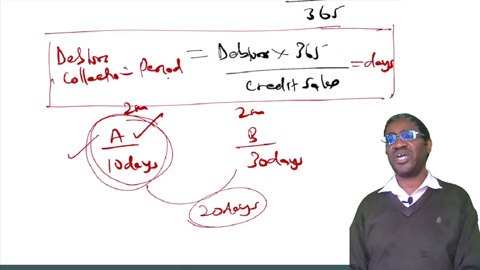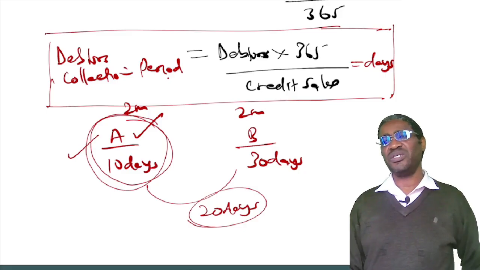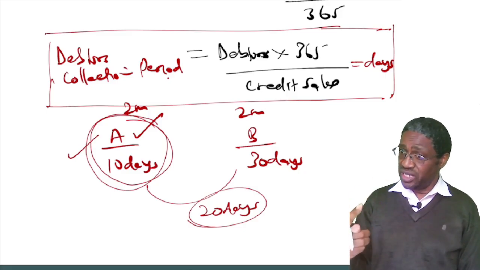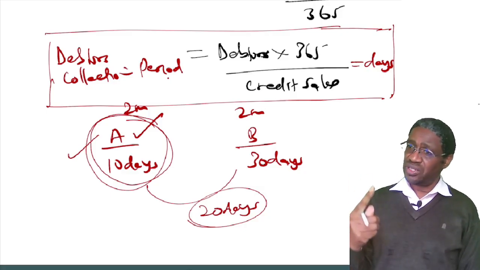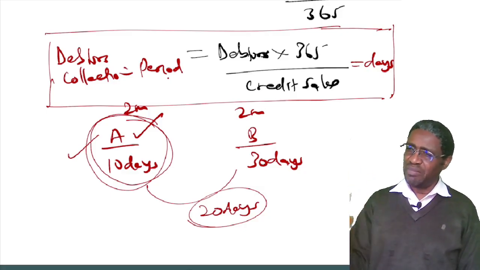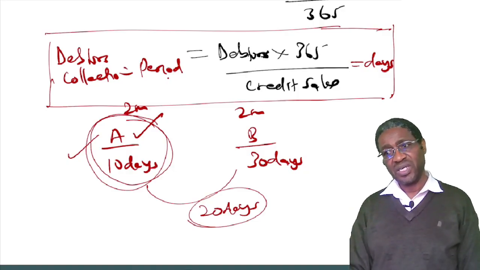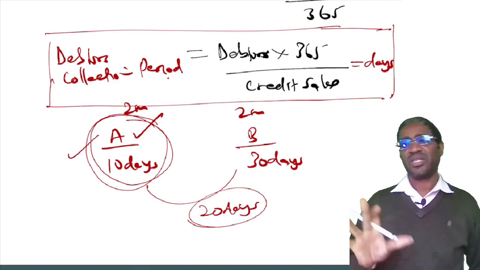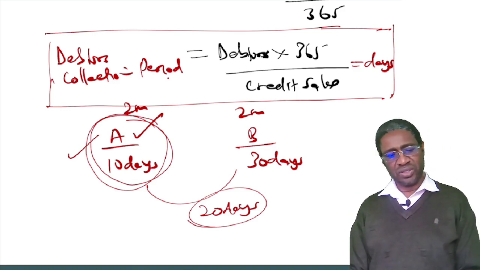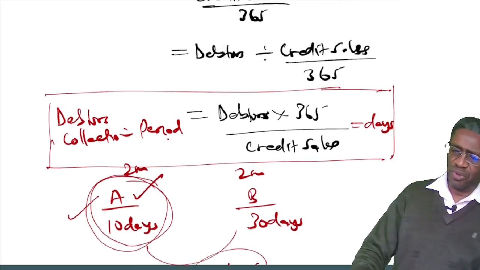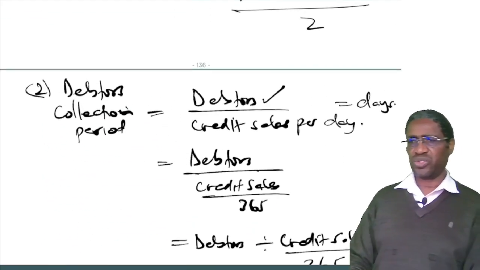The answer you get should be expressed in terms of days. The interpretation of this ratio is that it gives you the number of days it takes to collect from debtors. We have said the shorter the period, the better the firm. Good. Before we go to number 3, let's put down those two first.